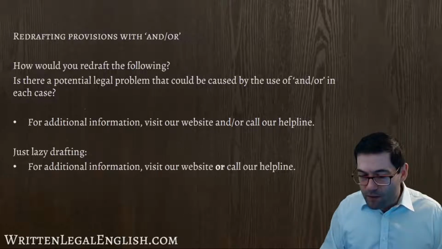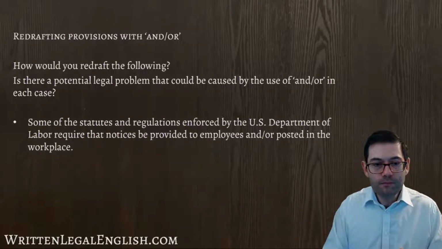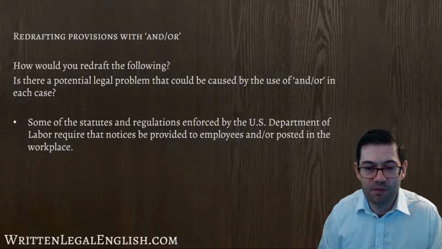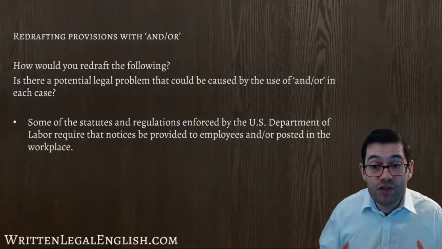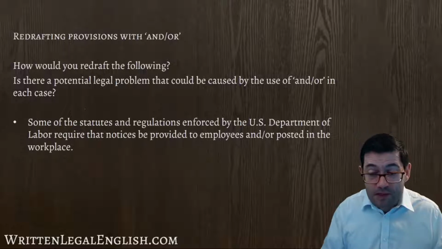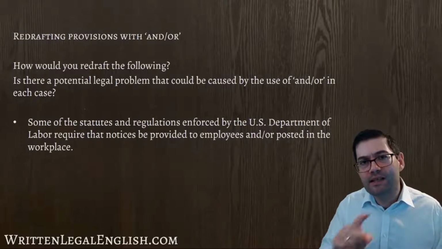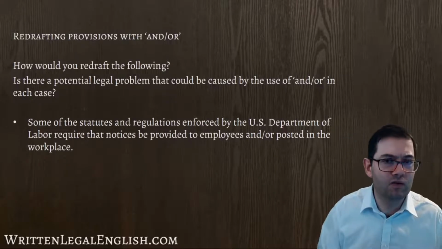The second one, however, is a little bit more interesting. Some of the statutes and regulations enforced by the US Department of Labour require that notices be provided to employees and/or posted in the workplace. Now this introduces some ambiguity. Is it "and"? In other words, both of these things have got to be done. Is it "or", that one of these things has got to be done?